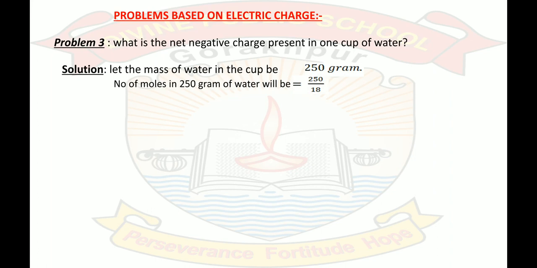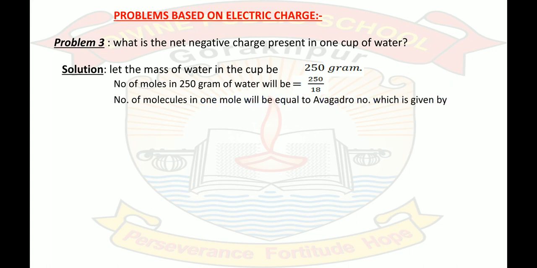How does it come out to be 18? The molecular formula of water is H2O. The mass of 2 hydrogen atoms is 2, whereas the mass of 1 oxygen atom is 16. 16 plus 2, it becomes 18. 250 upon 18, this is the number of moles. Now the number of molecules in 1 mole is equal to the Avogadro number, Na, which is 6.02 into 10 to the power 23.